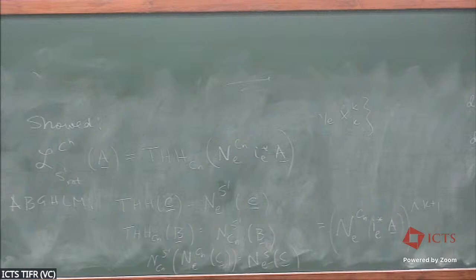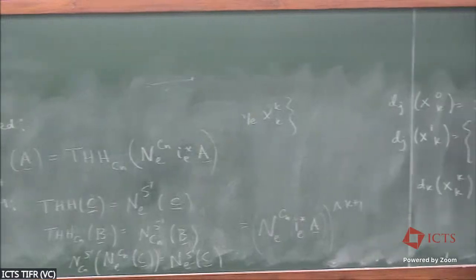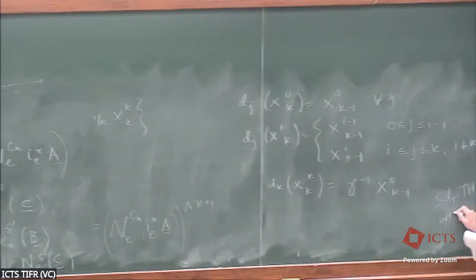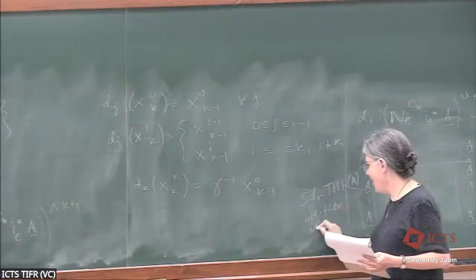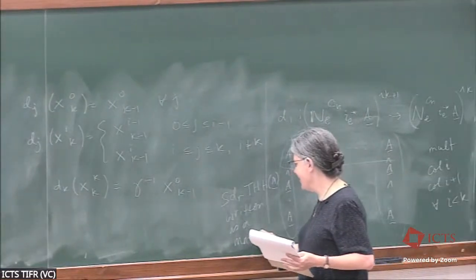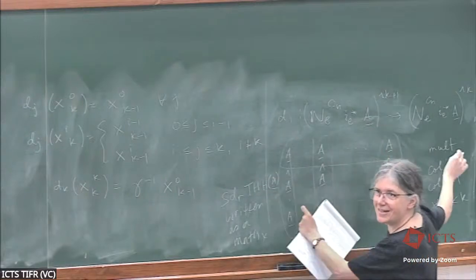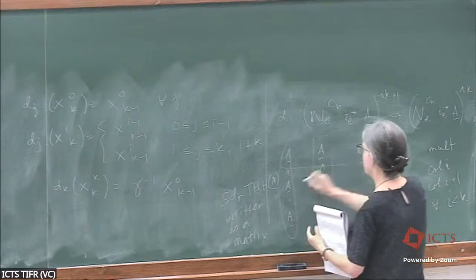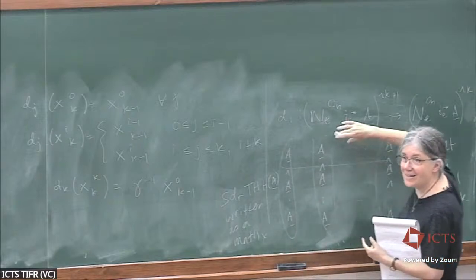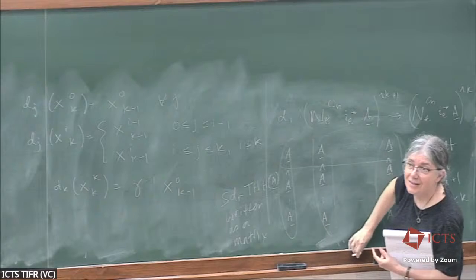But if you think about it, if I take the last one here and put it up, what I've just done is S^1-tensor of THH of A written as a matrix. Originally, I had a long line, and the d_i just took adjacent guys, which is exactly what happens here, and the d_i just multiply in all the different places.